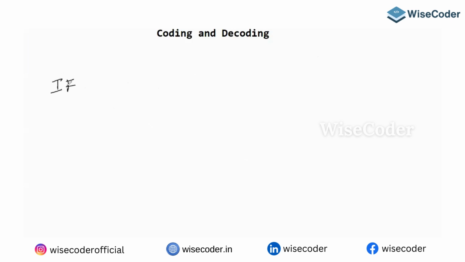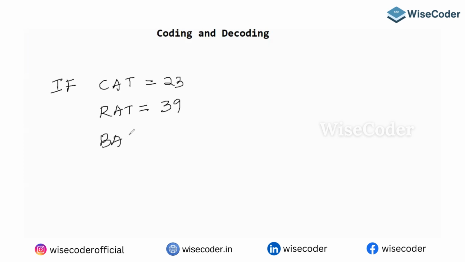Please write down, everybody. If cat is equal to 23 and rat is equal to 39, then what is the code for bat?